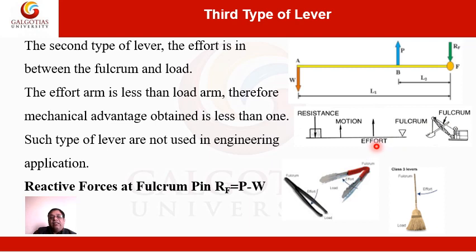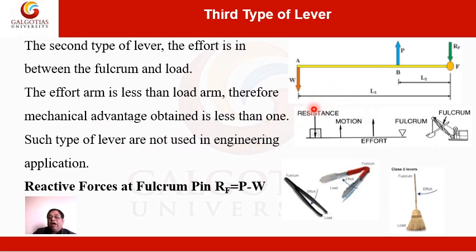Then in the third class lever, the third type of lever, the fulcrum position is similar to the second type of lever, but the position of the effort is changed. Now the effort is near the fulcrum point. So the effort arm is less than the load arm.